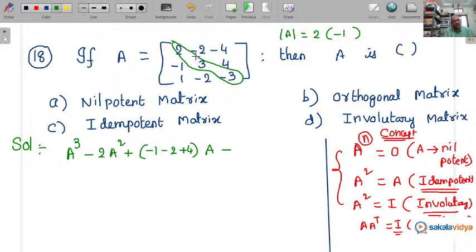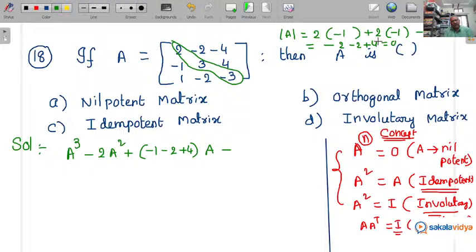So this is actually a minus sign, minus of minus plus 2 only, 2 into deleting this row, this column, plus 3 minus 4 minus 1, minus 4 into deleting this row, this column, plus 2 minus 3 minus 1. So that means you have minus 2 plus 4.